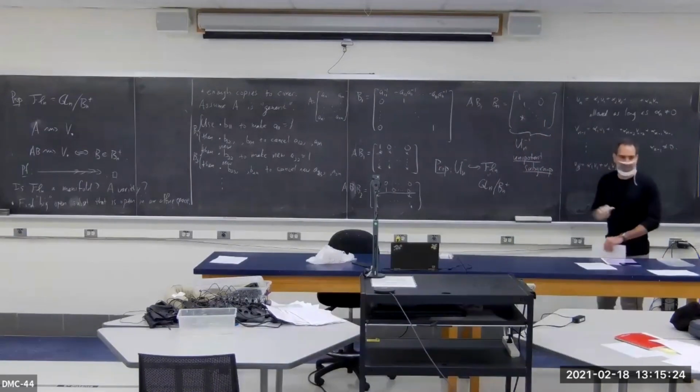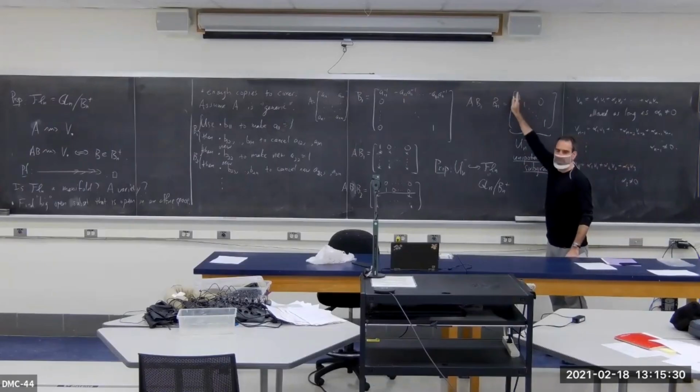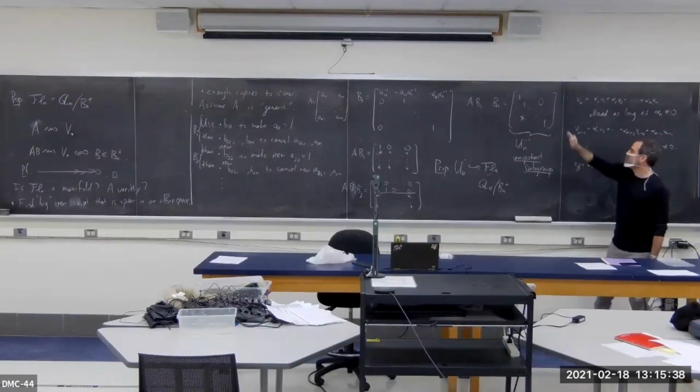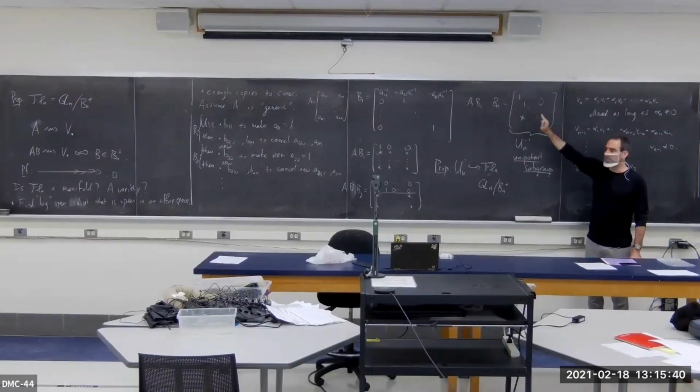That is, if you have a flag that is the span of the left column of this, the span of the left two columns, the span of the left three columns, and so on, and there's a matrix that looks like this that gives you your flag, then there's a unique matrix like this that gives you your flag.